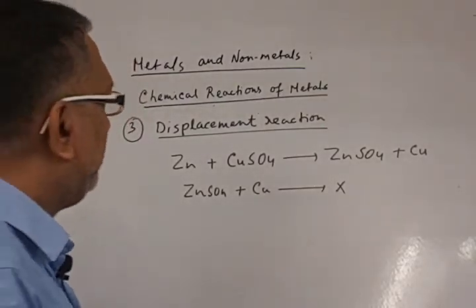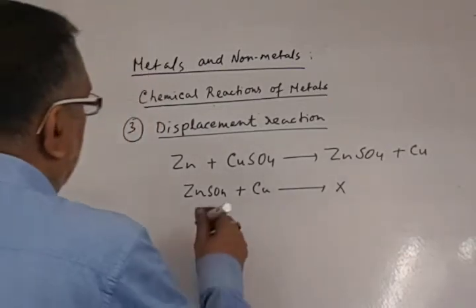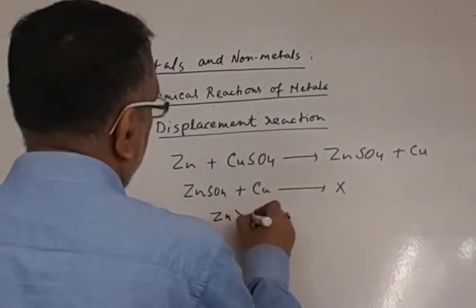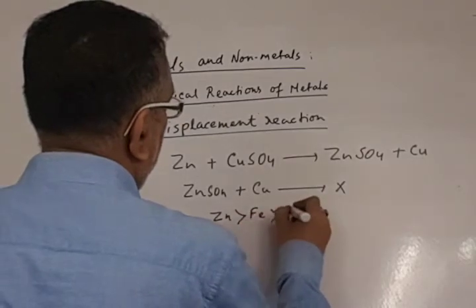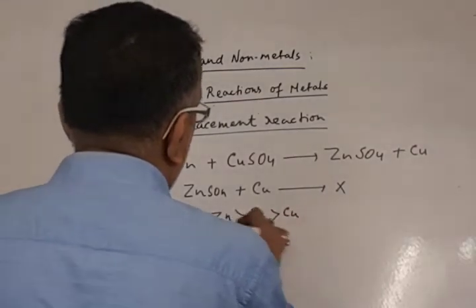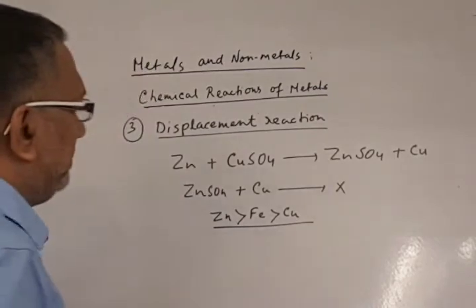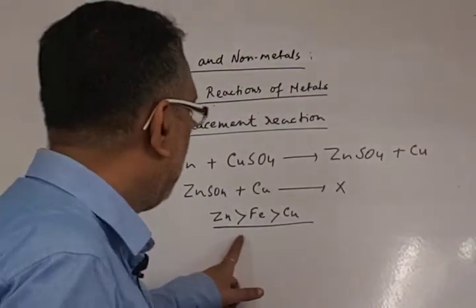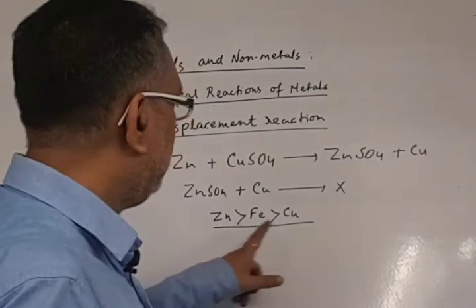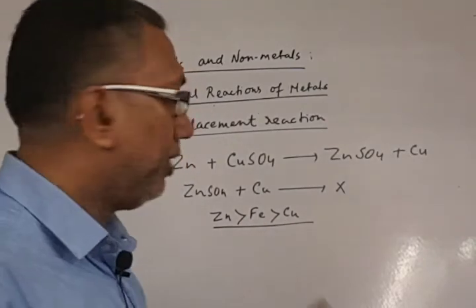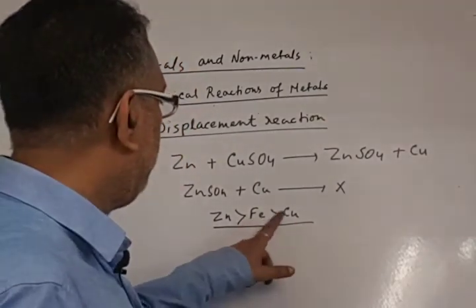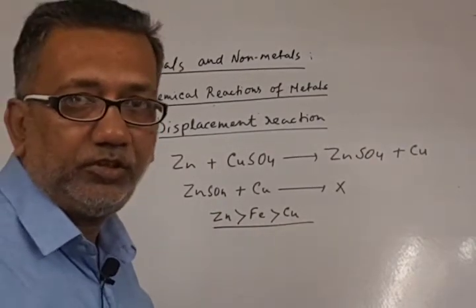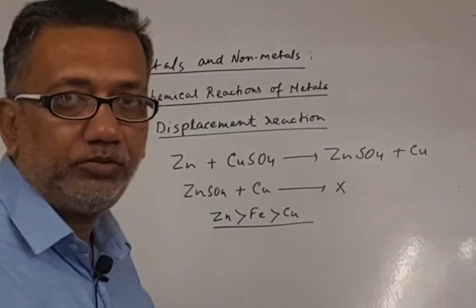And in this reactivity series, we see that zinc is greater than iron, greater than copper. So as per this series, zinc can replace iron, zinc can replace copper, and iron can replace copper, but iron cannot replace zinc from its salt.